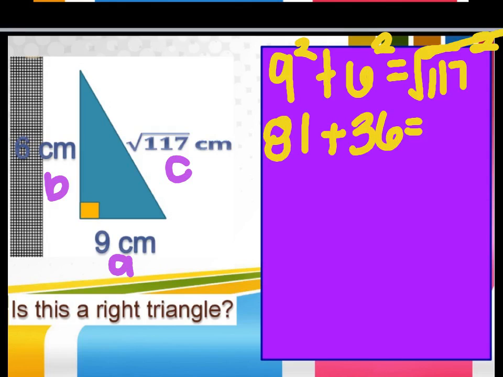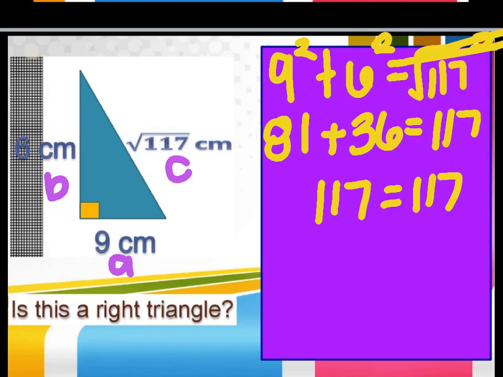And these are inverses, remember, so they cancel each other out. All you're left with is 117. So we add 81 plus 36. That's going to be 117 equals 117. True statement. So yes, the answer is yes. This is a right triangle.